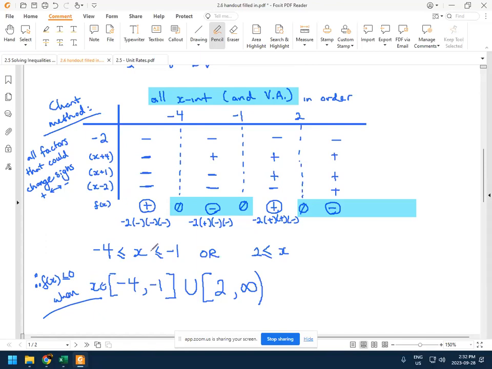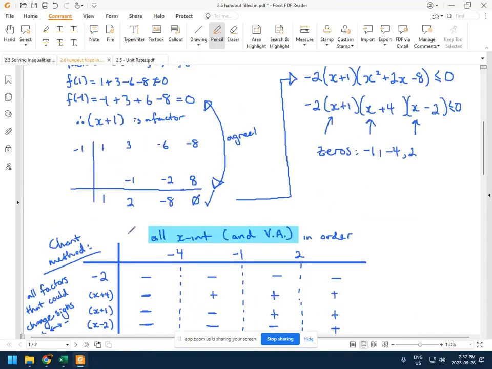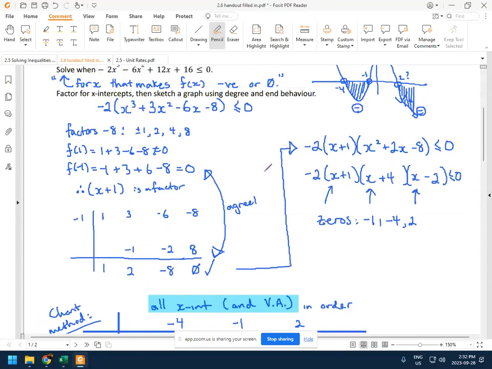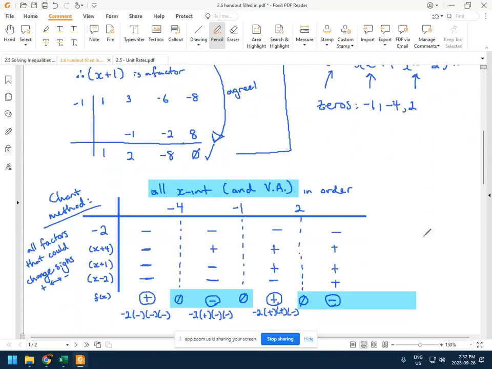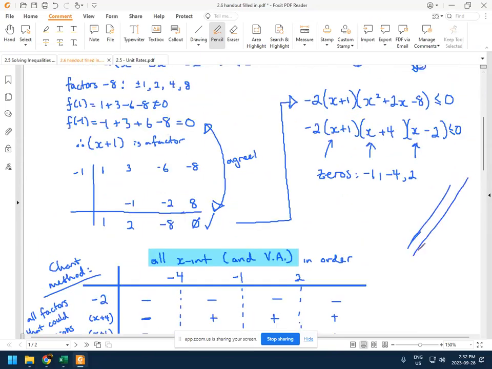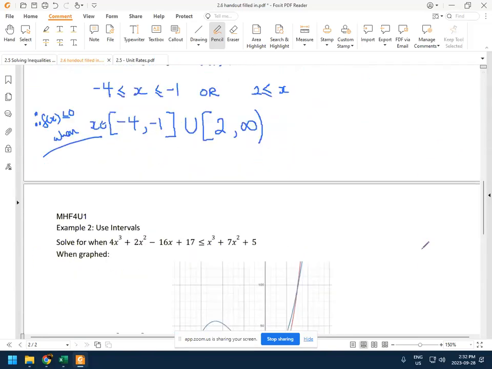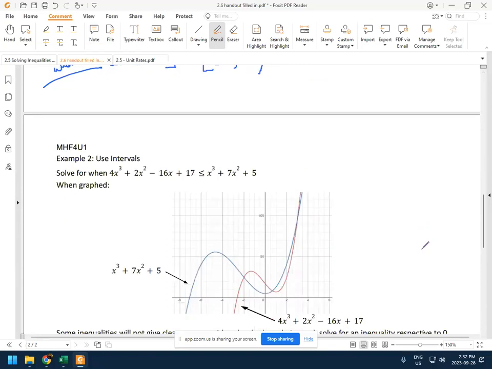My only thing today is one more example. I'm going to ask you to try to model everything you learned so far up to the zeros. The chart method, let's do together, unless you want to try it. But up to here is something I do expect you to know how to do for this question. Let me just give a little tip.